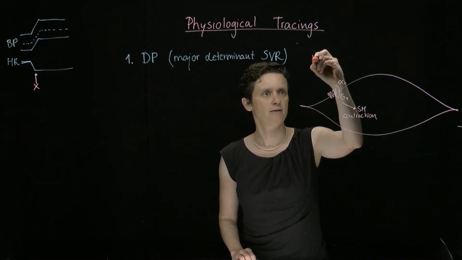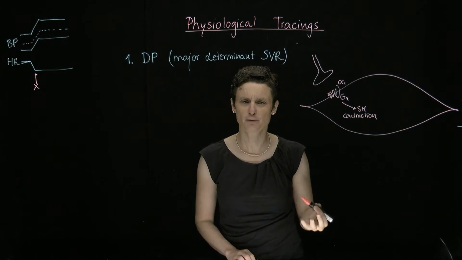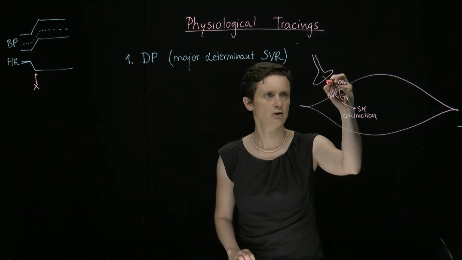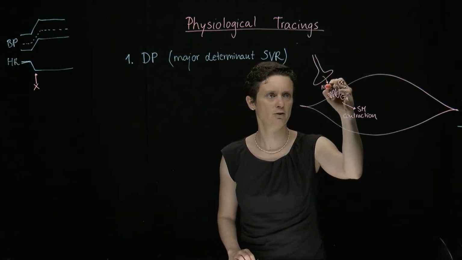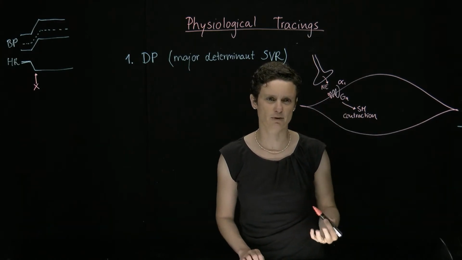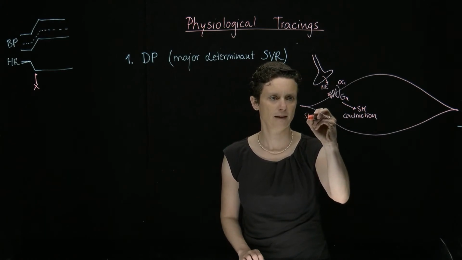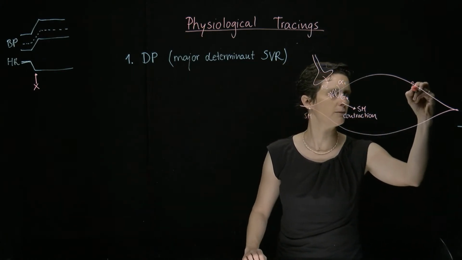And there's definitively a lot of innervation here, because we know that our blood vessels are under pure sympathetic control. So there are sympathetic nerves coming down here, releasing norepinephrine, and that can stimulate the alpha-1 receptor. Another receptor that sits on the smooth muscle is the beta-2 receptor.